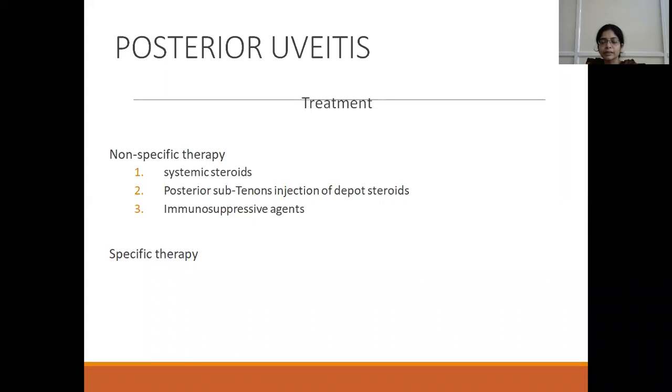If any are manifesting in other parts of the body, try to correlate them with your ocular findings and then institute specific therapy according to the infectious agent or any other non-infectious agent. It could be anything, not only infectious. So treatment oriented at the ocular inflammation would be done by steroids, and other specific therapy for the infectious agents.